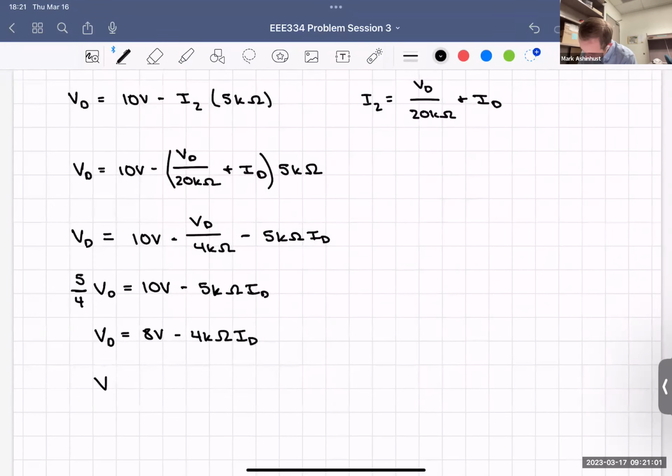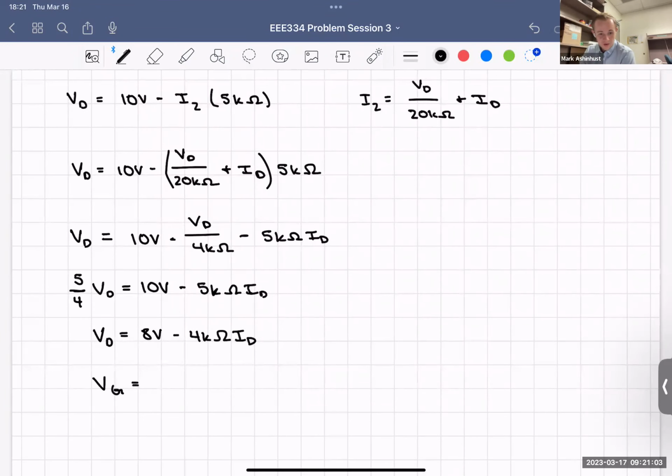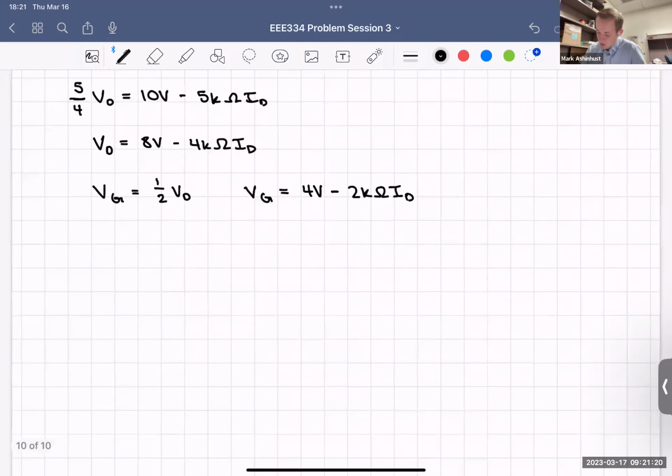And then we know that VG is what? VG is 1/2 of VD, which means VG is equal to 4 volts minus 2 kilo ohms times ID. Now let's go back to our saturation equation.